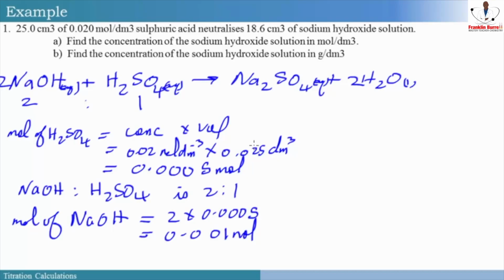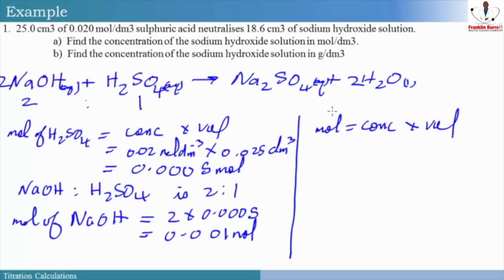So our next step, after using the mole ratio to find the moles of sodium hydroxide, is to find the concentration of sodium hydroxide, knowing that I now have the mole of sodium hydroxide and the volume. So here we can say now moles is equal to concentration times volume.